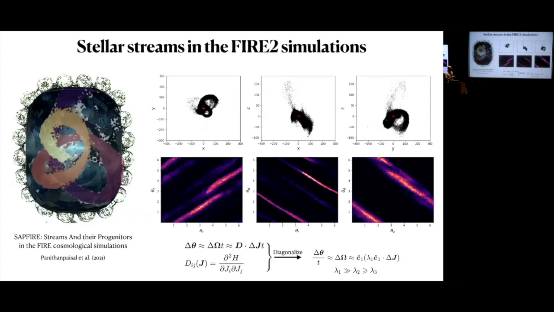We tested that the slope of the frequencies is very sensitive to the symmetry axis of the potential, but the action clustering is more sensitive to the amplitude of the potential. So the idea is that we want to find the slope of these lines and see how we can define a clustering pattern in the angular space.